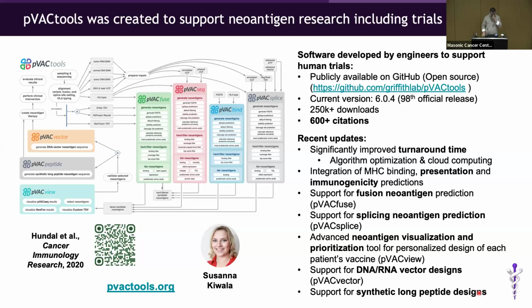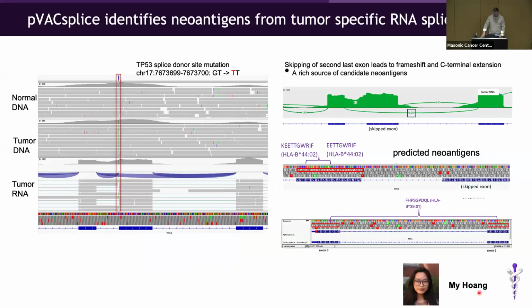The most recent major release of pVACtools was to add this component of detecting RNA splicing derived neoantigens. So here's a visual depiction of how that works. The software looks for mutations that might influence RNA splicing. Here's an example of a splice donor mutation in P53.